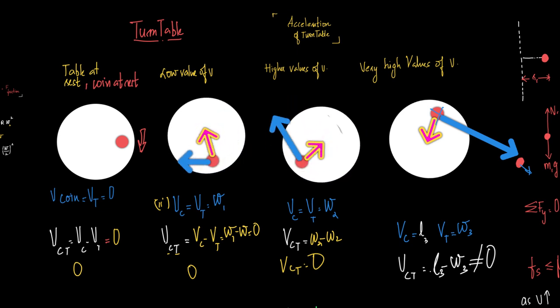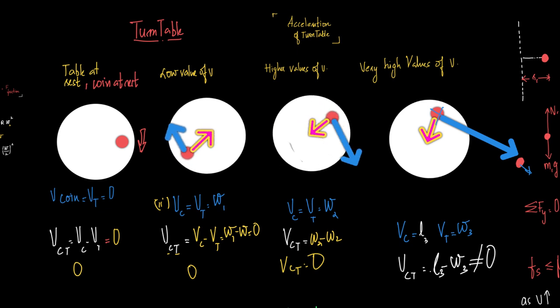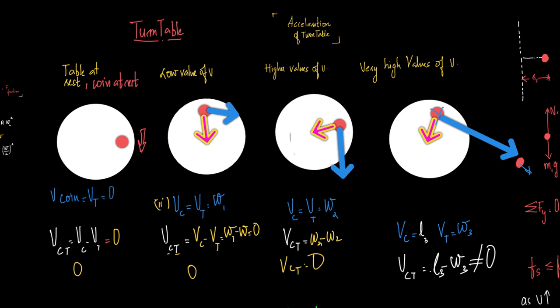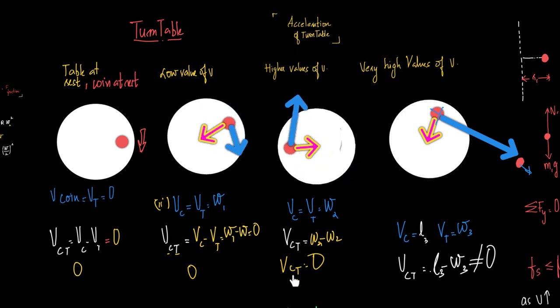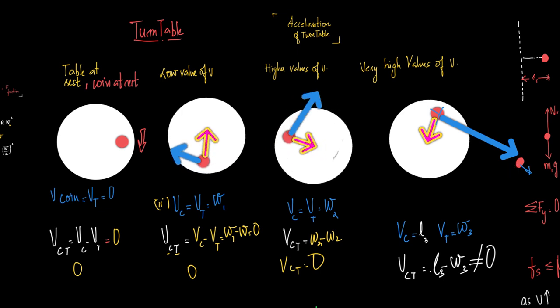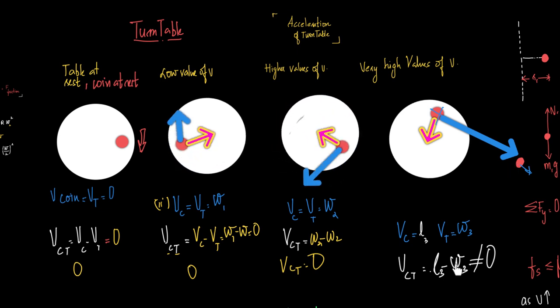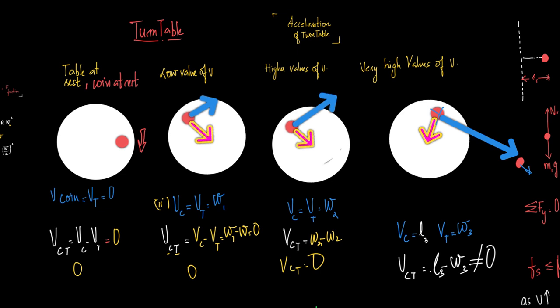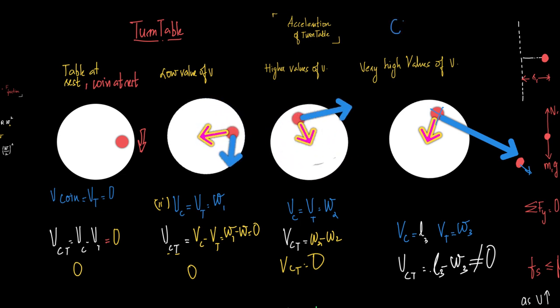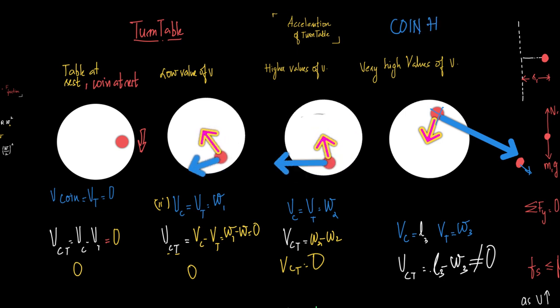What are we talking about? Relative velocity of coin with respect to table. So in the first case it was 0, second case 0, so for smaller values of v 0, higher values of v, relative velocity is 0. For even higher values of v, at one point when the coin bounces off the table, the relative velocity is not equal to 0, right? And it is at this point that we say that the coin has slipped.